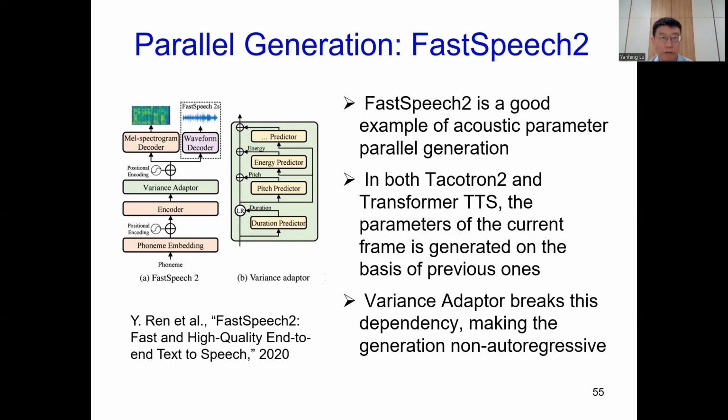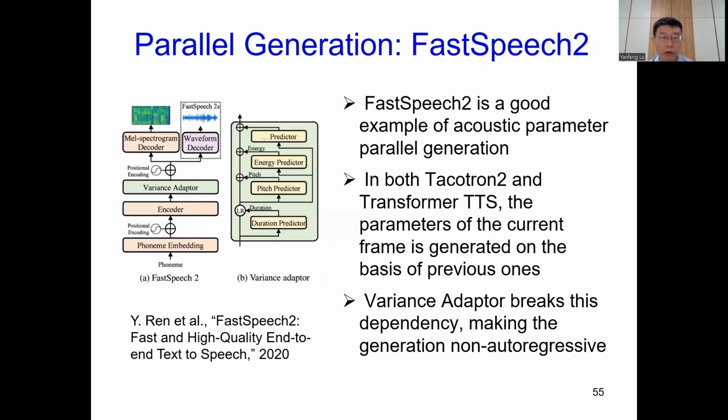In FastSpeech, it also has an encoder and a decoder, as the diagram shows. But between the encoder and the decoder, there's no attention. Instead, it has the variance adapter. The variance adapter, as the diagram on the left-hand side shows, consists of different models, including the energy model, the pitch model, and the duration model.